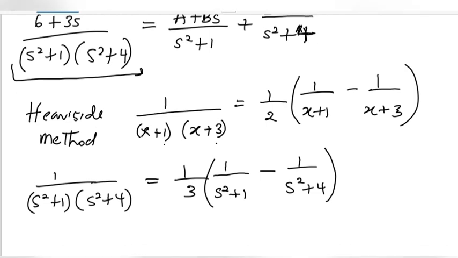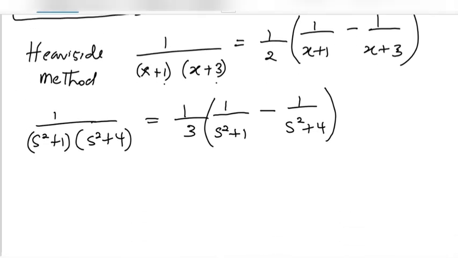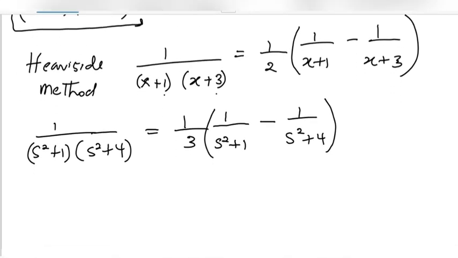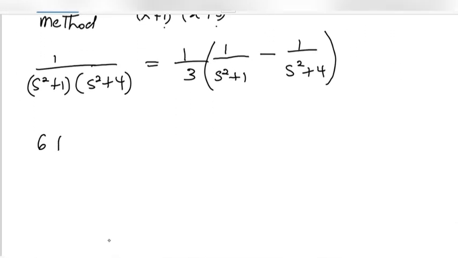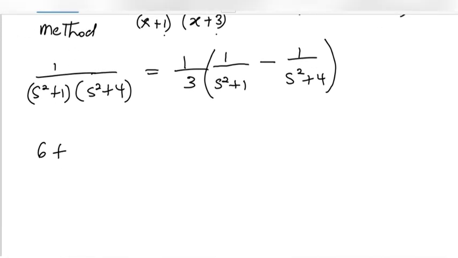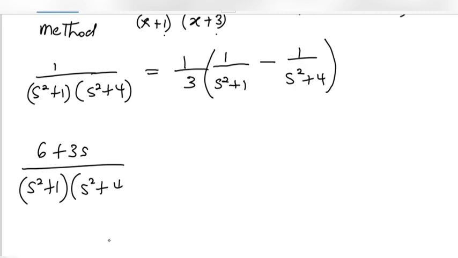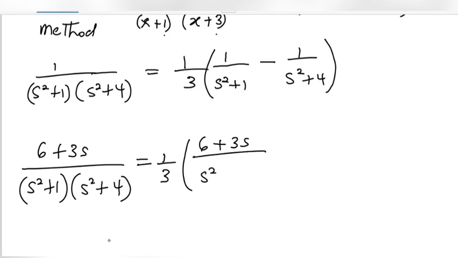Alright, and if that be the case, we can now simply put this in this form, that our 6 plus 3s over s squared plus 1 into s squared plus 4 is simply going to give us 1 over 3 into 6 plus 3s over s squared plus 1 minus 6 plus 3s over s squared plus 4.